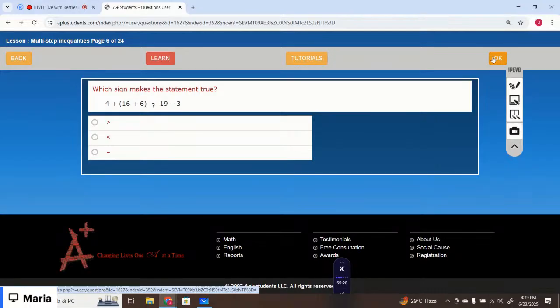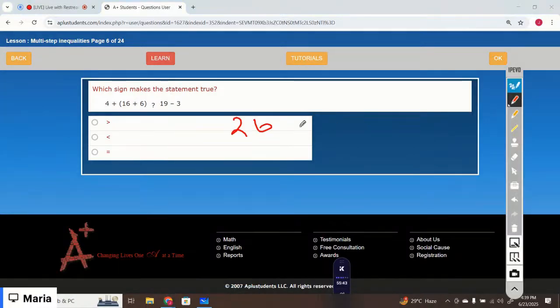Which sign makes the statement true? 16 plus 6 plus 4 and 19 minus 3. 16 plus 6 is 22, 22 plus 4 is 26, and 19 minus 3 is 16.